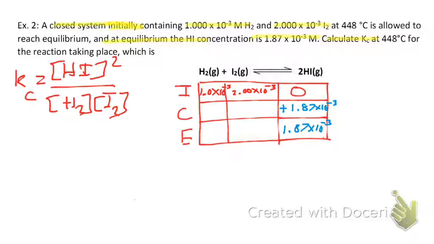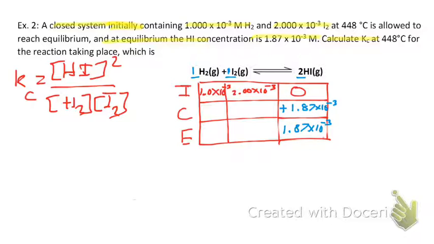We're adding here. We're going to put a plus sign because it's gaining. Okay? So, how can we figure out the change that occurred for the reactants during the course of this reaction? Well, we can use the stoichiometric ratios in our equation to help us out. Remember that we are forming twice as much HI as we have reactant because both ratios are 1 to 1.